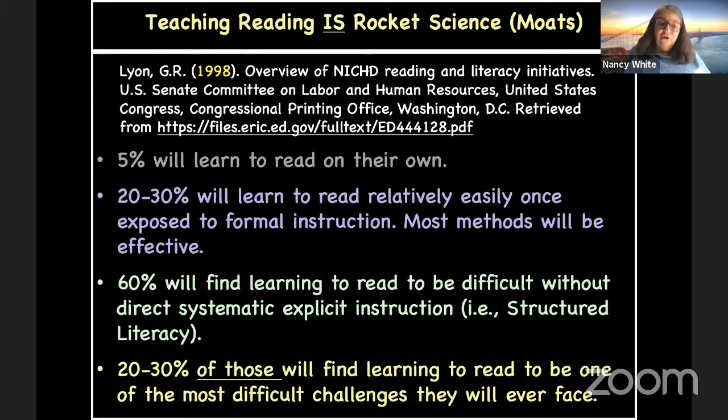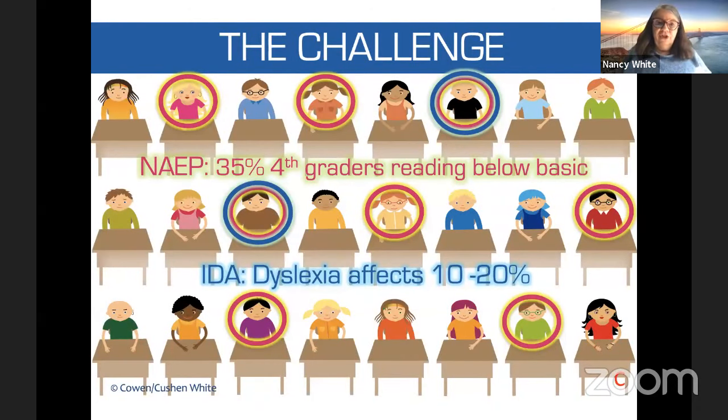And 20 to 30% of that 60% will find learning to read to be one of the most difficult challenges they will ever face. And they must have explicit, systematic, direct instruction if they're going to learn to read. So the challenge: those National Assessment of Educational Progress scores show that 35% of 4th graders are reading below basic.